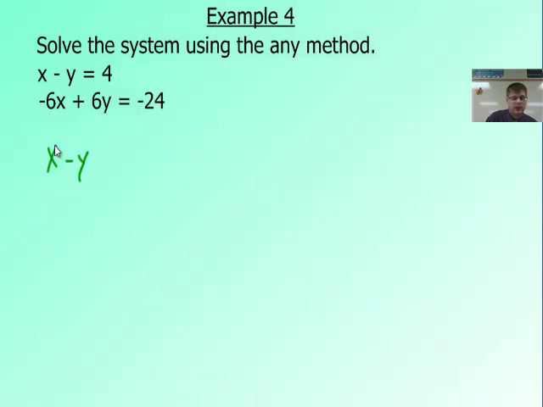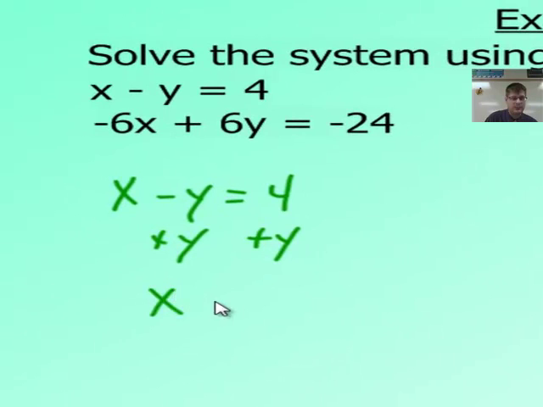So if I'm going to use substitution, I'm going to have x minus y is equal to 4, and I'm going to add y to both sides, here and here. So x is equal to y plus 4.